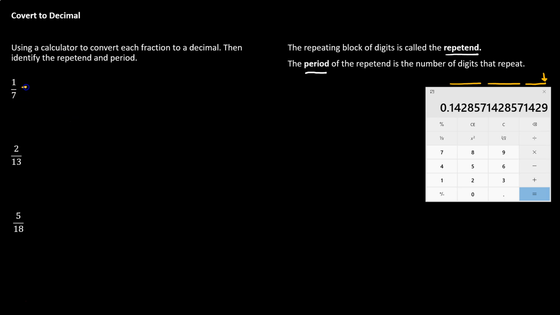So we know better. We can tell that there's a pattern here repeating. 1 divided by 7 does appear to have the pattern 1, 4, 2, 8, 5, 7, and that is the repetend. There are 6 digits here, so our period is 6.